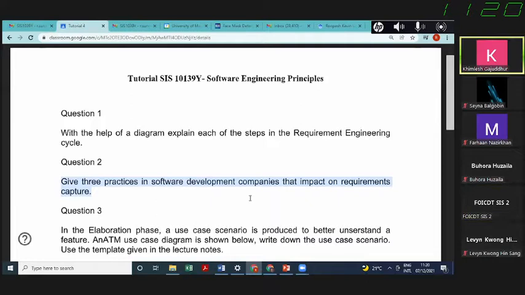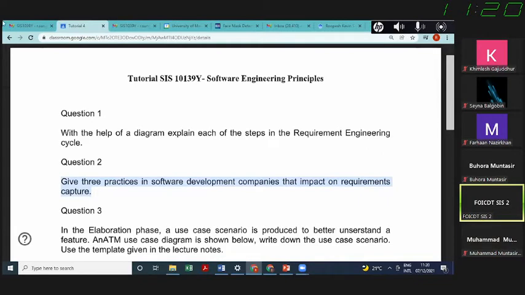Okay, yes, and this is good. So we find that some valid answers were given by our friend here, Kimlesh. It's about the recording of the requirements.